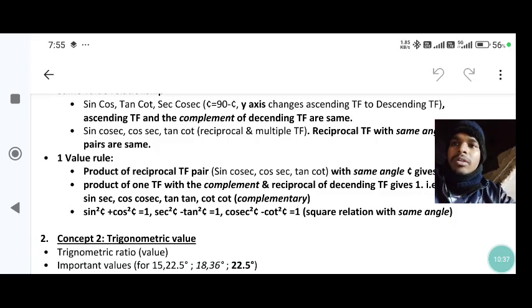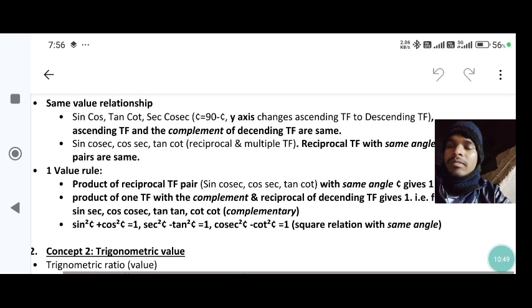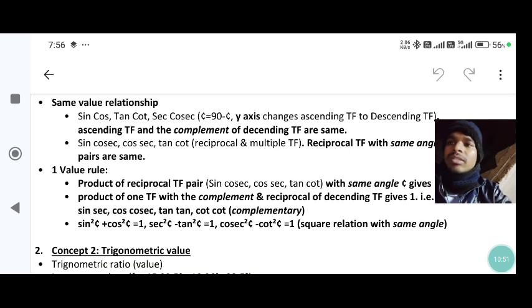For the opposite trigonometric function, it should be the complement of the opposite order trigonometric function. Then it will hold a relationship of reciprocal and multiple reciprocal value. If it is multiplied, then it has the same value, like sin and cos.